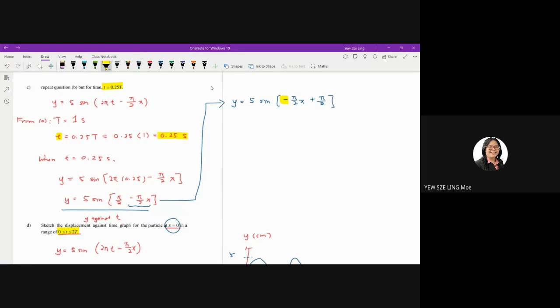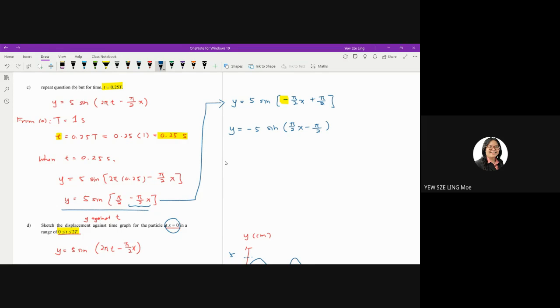So it becomes y equals negative 5 sine (pi over 2 x minus pi over 2). So you factorize it and take it out.